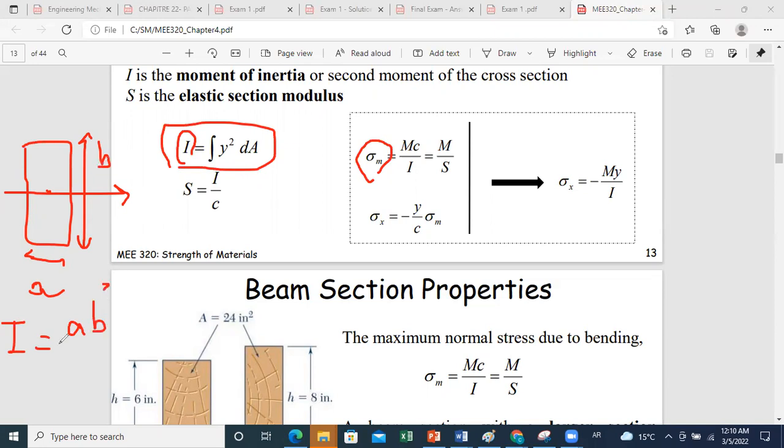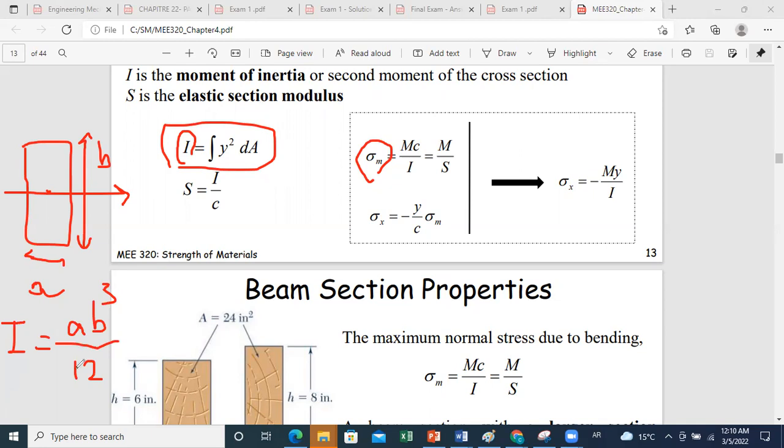Okay, and each geometry has a certain formula for I. So you have a formula for a triangular cross section, you have another formula for a square cross section, for circular cross section, etc. Each cross section is characterized by its formula of inertia.